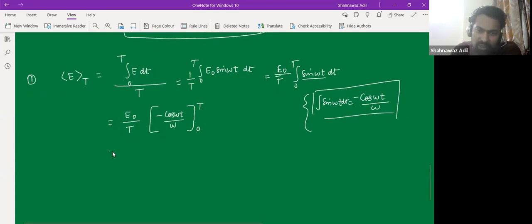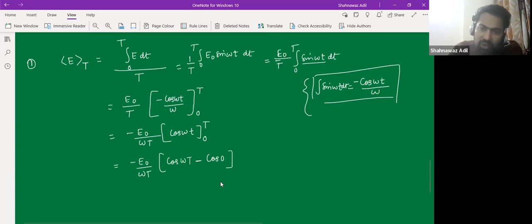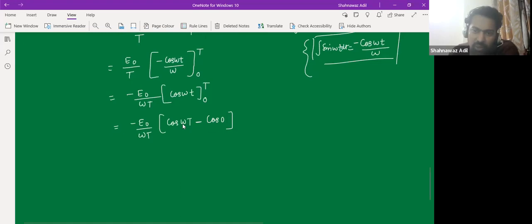If I take minus omega outside, so this is E naught by omega t, and this is cos omega t. Upper limit is t, lower limit 0. So first I put the upper limit, that would be cos omega t minus cos 0, right? So how much is omega t?